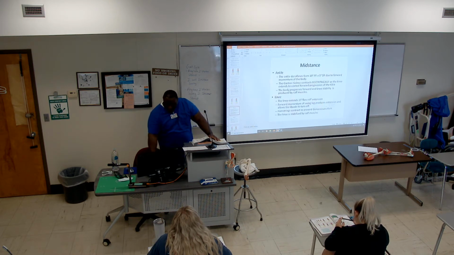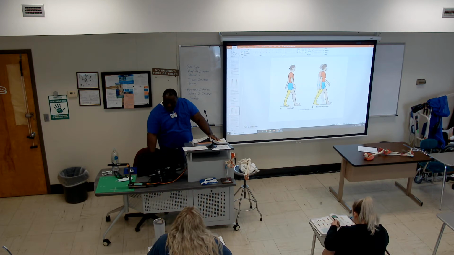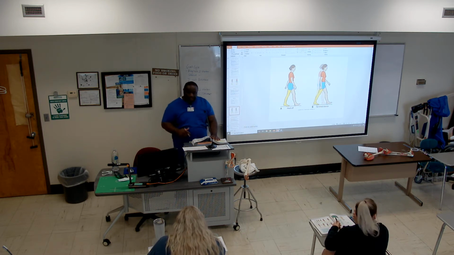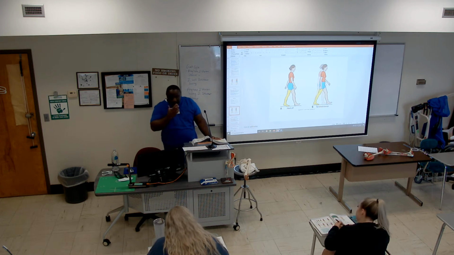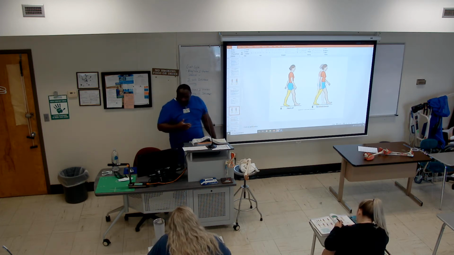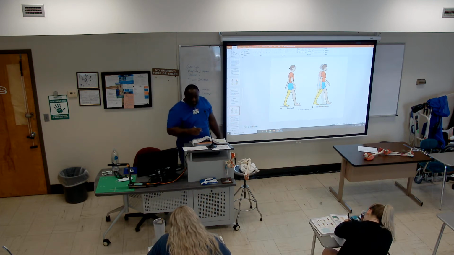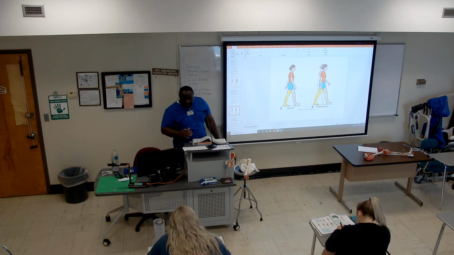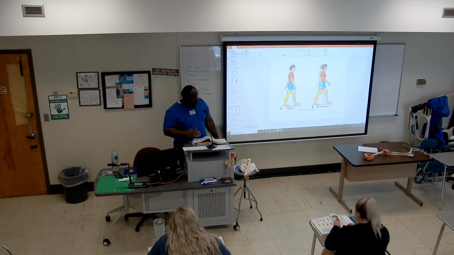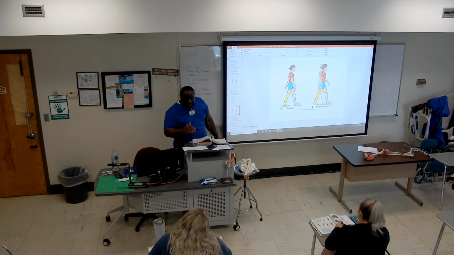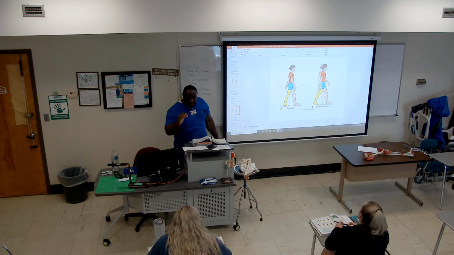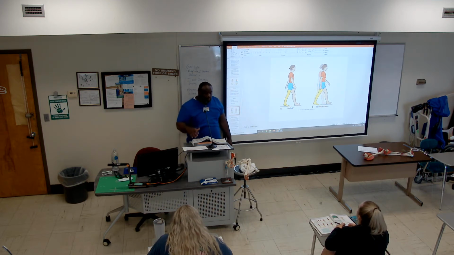Alrighty. So now let's talk about terminal stance or heel off. So what's happening there? So terminal stance, I am going to be moving from the 5 degrees of dorsiflexion into plantar flexion now.